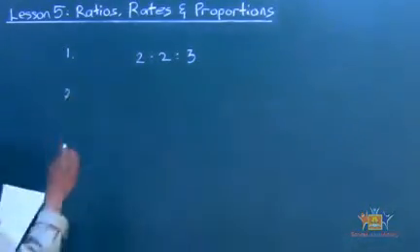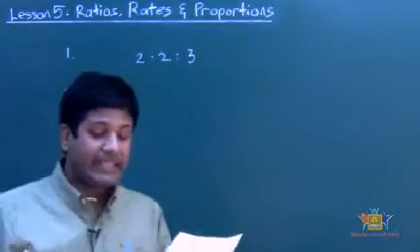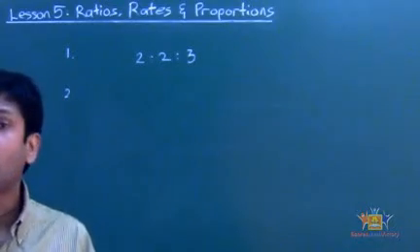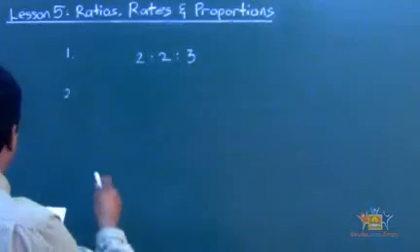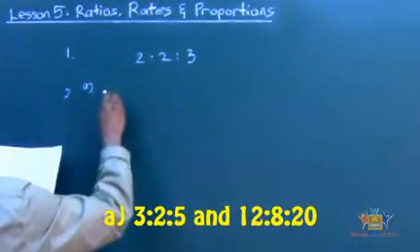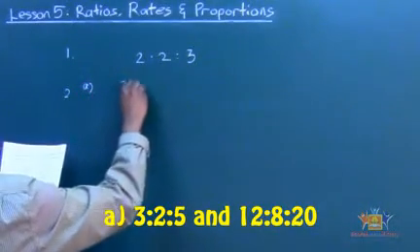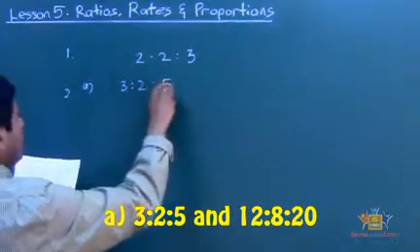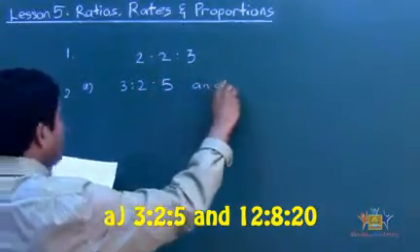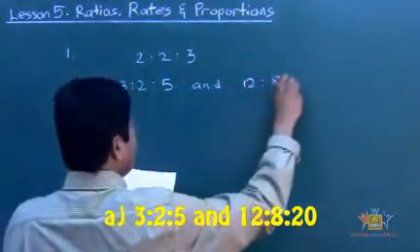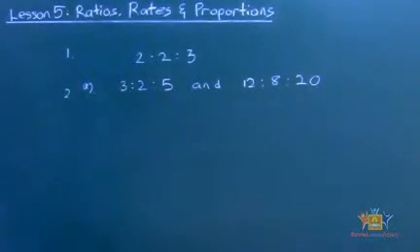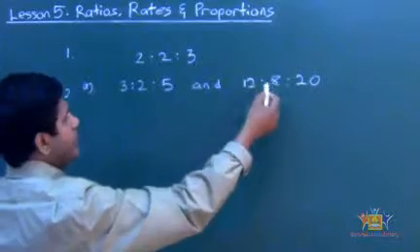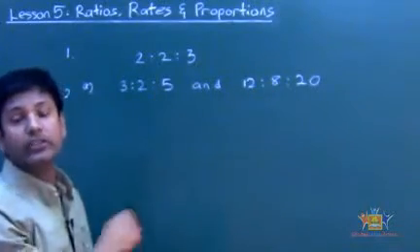Problem 2 says determine whether the given ratios are equivalent ratios. Let's write that down. Problem 2a, you're given 3 to 2 to 5 and 12 to 8 to 20. We want to see if they're equal. It's always good to take the bigger one and reduce it down to the smallest, so it's easier.